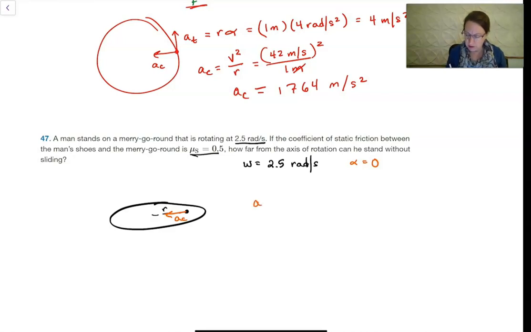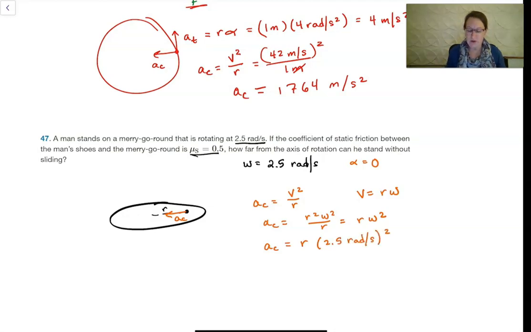So the centripetal acceleration is v squared over r, which if we substitute in v is equal to r omega, then of course this becomes r squared omega squared over r, or r times omega squared. And so the centripetal acceleration is going to be r times this 2.5 radians per second squared.